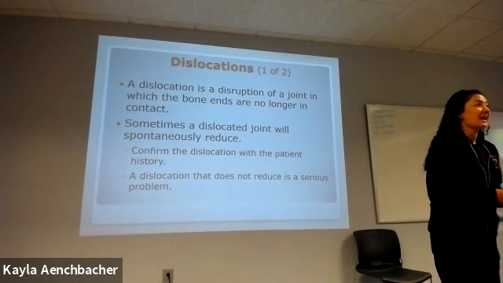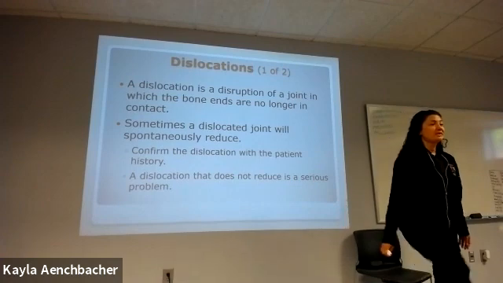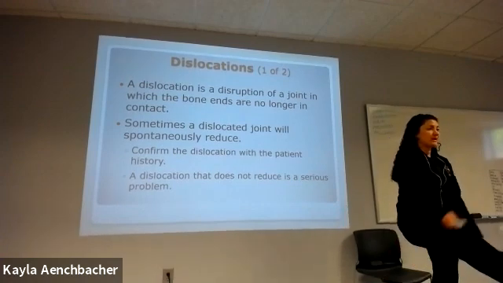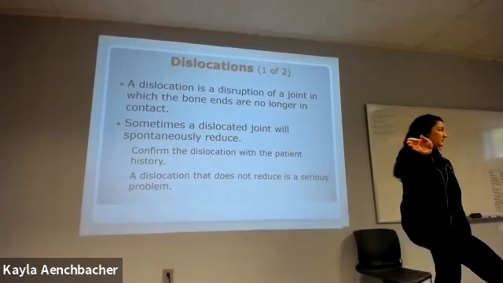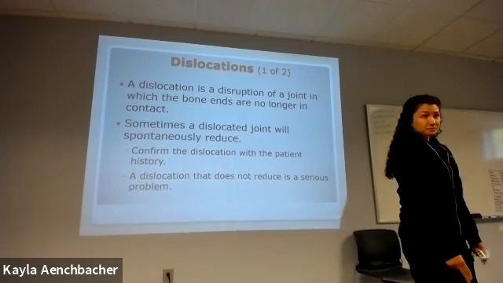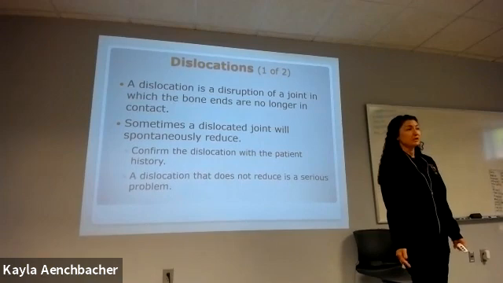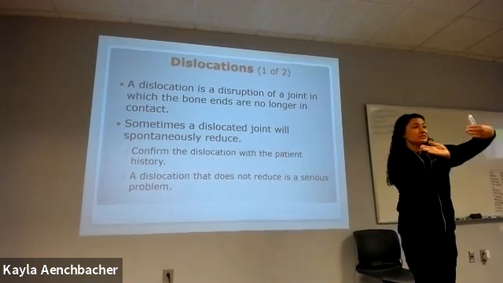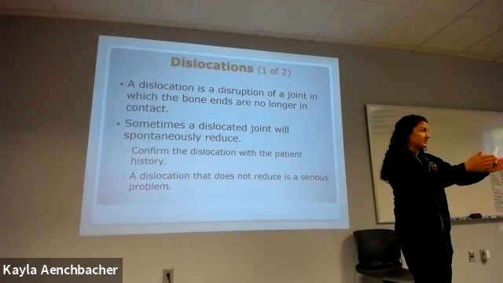Most of the time, it's not going to work. So if you have an angulated ankle, if my ankle is pointing 90 degrees or 45 degrees out to the right, is it supposed to do that? No. If I don't have a positive pedal or posterior tibial pulse, or if I can't feel my toes, I have one attempt to grab that ankle and place it back in its position of function.